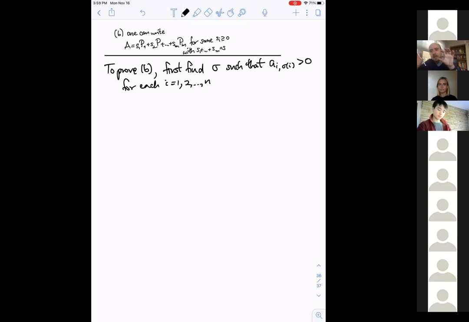And I claim that that gives us a multiple of a permutation matrix that we can subtract and keep this thing non-negative.